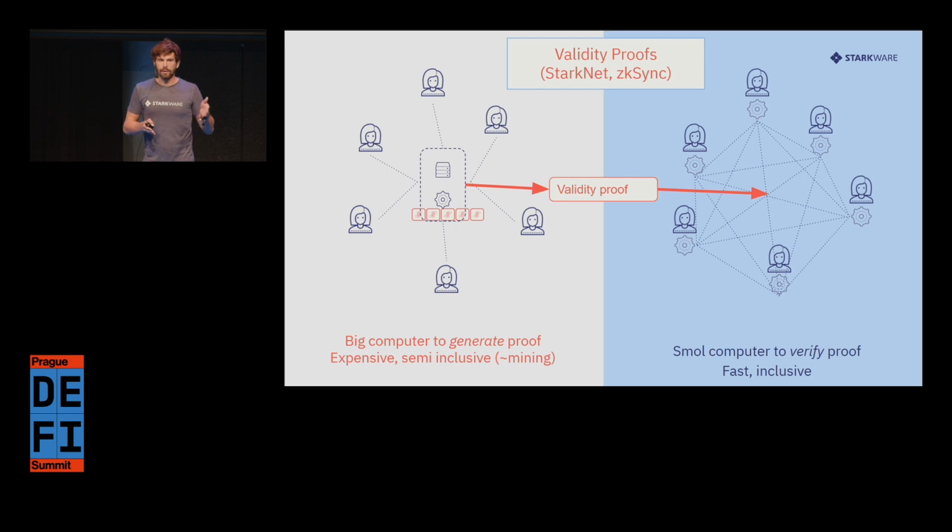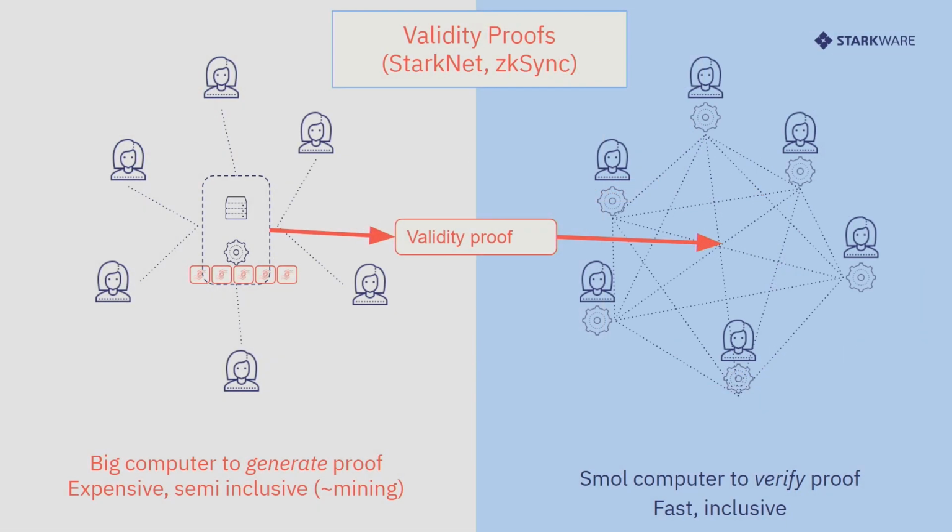And every now and then, let's say every 100 blocks, these sequencers generate a proof that the blockchain moved from block 0 to block 100 correctly. That proof gets sent to Ethereum in a smart contract where it is verified. So in other words, this blockchain is executed by a big machine, and it can be verified by small machines in a smart contract on Ethereum.